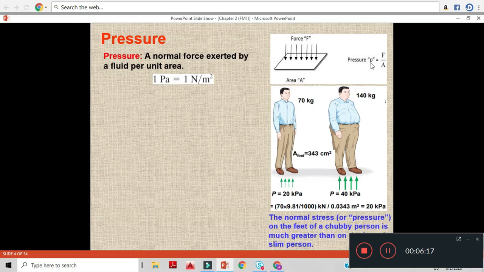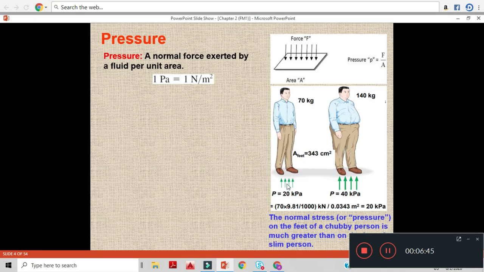The pressure is inversely proportional to area and directly proportional to force. If you increase the force keeping the area constant, the pressure will increase. If you increase the area keeping the force constant, the pressure will decrease, because the force will be distributed over more area. If you decrease the area keeping the force constant, the pressure will increase.